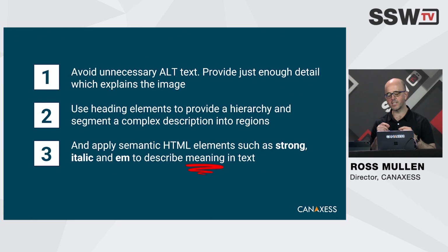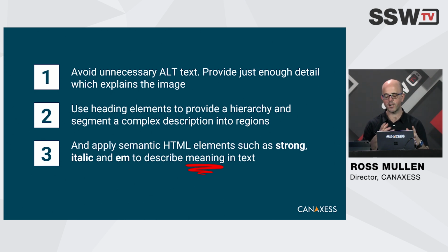If the image is complex, reference a separate location from where the description can be found, but avoid the directions of left, right, up or down. If the image is that complex, use heading elements to provide a hierarchy and segment a complex description into regions.